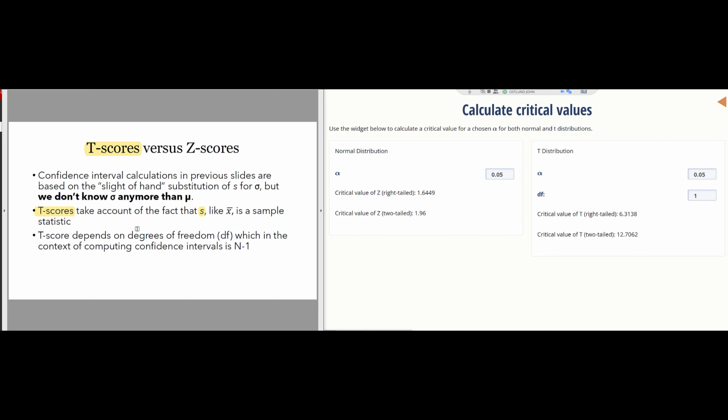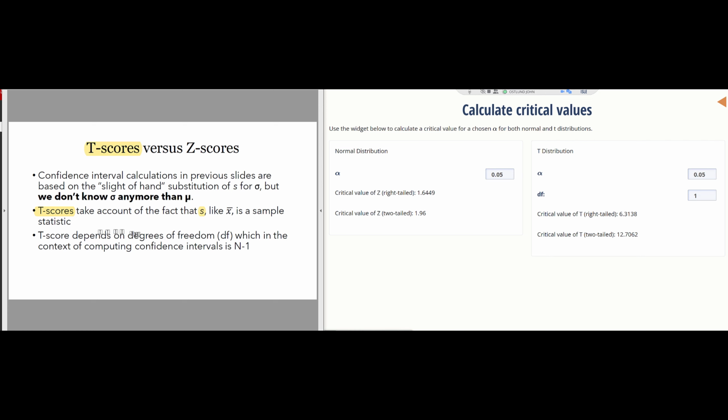And if our sample size is low, that implies that our estimate of the population standard deviation by using the sample standard deviation is likely to be a poor estimate. The more data we collect, the closer to the true population standard deviation our sample standard deviation is likely to get.